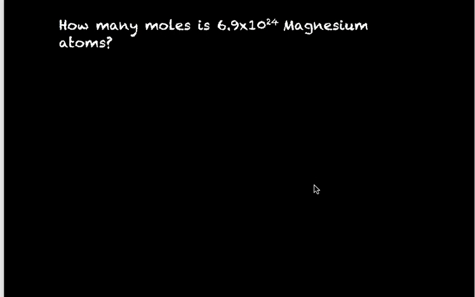This next problem, we want to find moles. So the problem reads, how many moles is 6.9 times 10 to the 24th magnesium atoms? Again, we don't care that it's magnesium. All we're concerned about is finding moles. So, first, start with what we have: 6.9 times 10 to the 24th atoms.